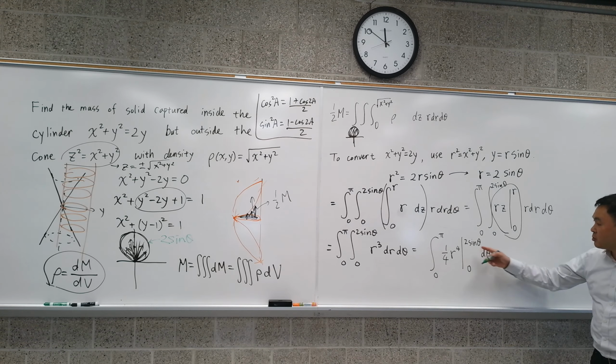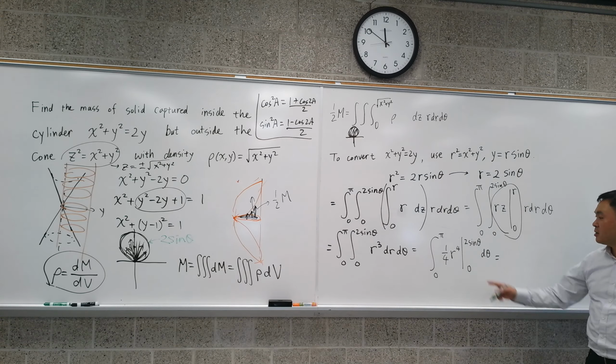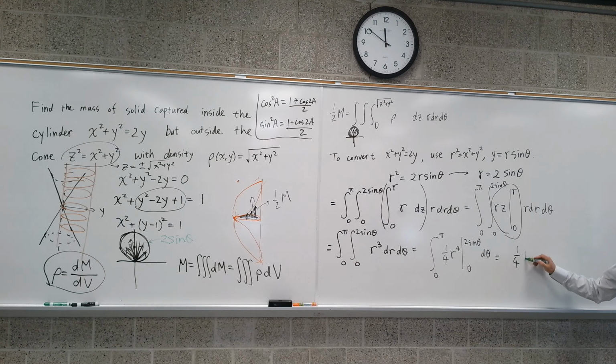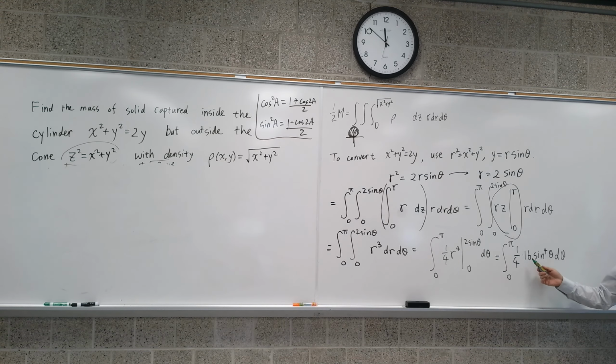Then you plug in 2 sine theta into r, 2 to the 4th power, what's that? 16. So you get 1/4 times 16, and then you get sine to the 4th power theta, d theta from 0 to pi. And then 16 divided by 4 is 4. Let's bring out the 4 outside.